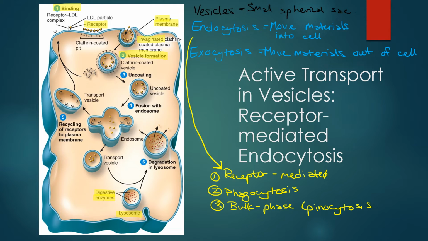So when they fuse with this vesicle containing other materials, it's going to degrade them into materials that the cell can use otherwise: amino acids, fatty acids, and simple sugars. These enzymes essentially break down the materials that the cell brought in into usable materials.